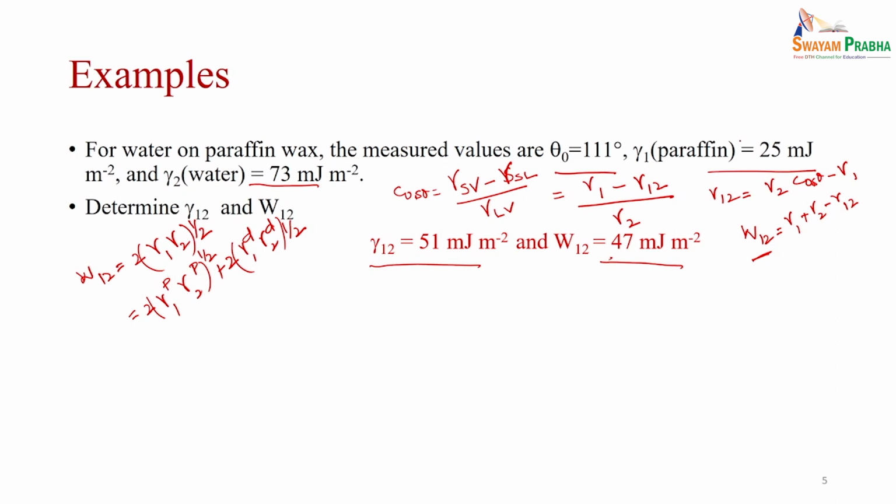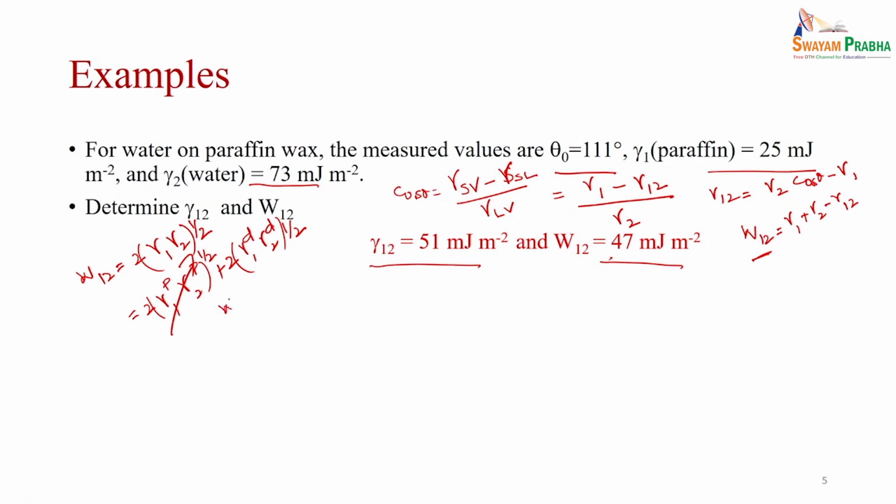Now, paraffin we can assume is non-polar, so its polar component will be 0. For water, it has both polar and non-polar components. The polar component is higher, 53, non-polar is about 20. So, this term will be 0 because paraffin does not have any polar component.